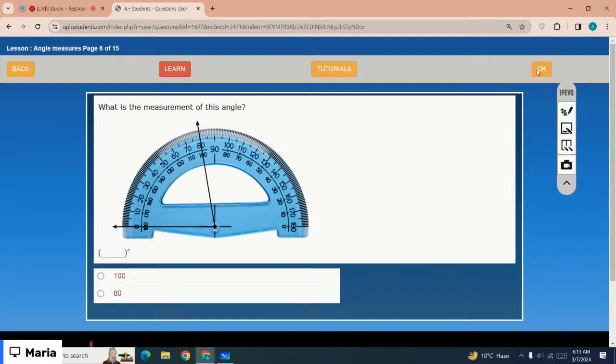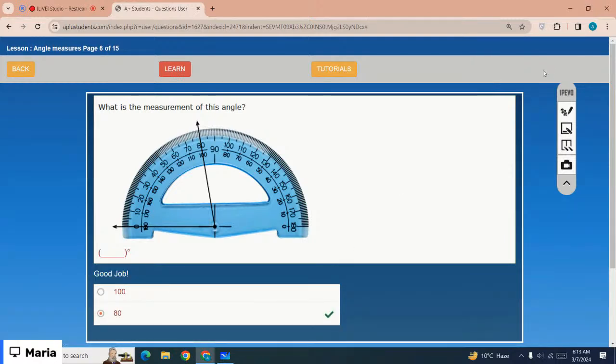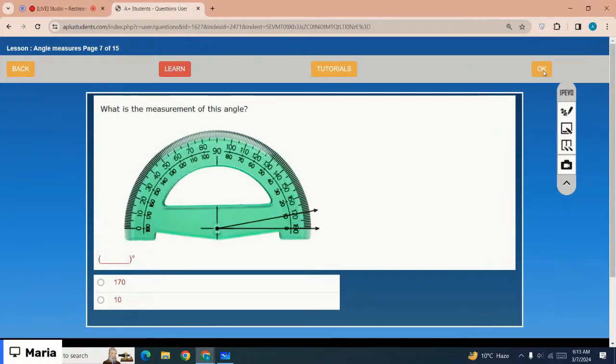Yes, that is 80 degrees. The correct option is 80 degrees. What is the measurement of the angle?